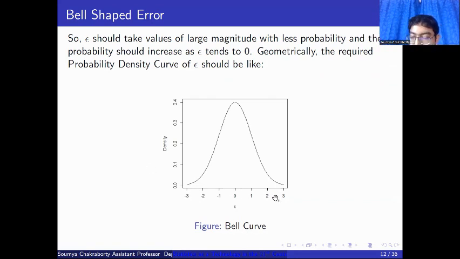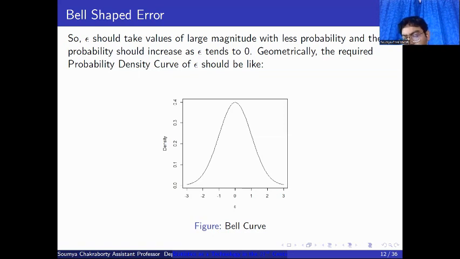So these numbers, minus 3 and 3, are basically very significant. Those who are in statistics or quality engineering background can understand why minus 3 and 3 are there, because this is the effective range of the normal distribution.